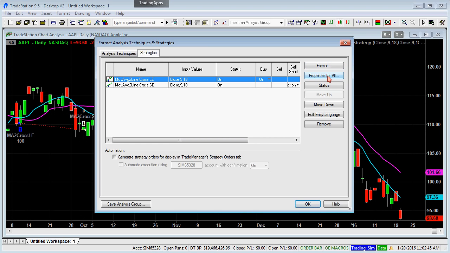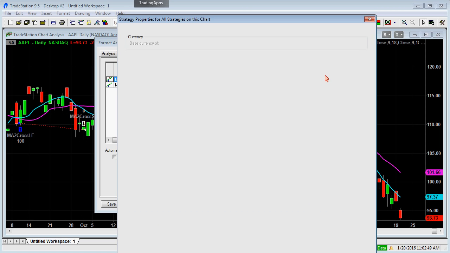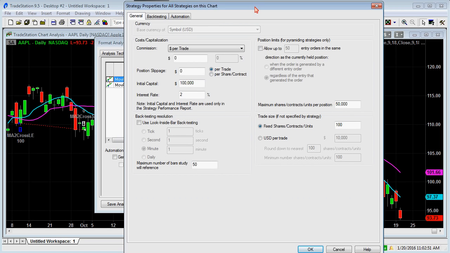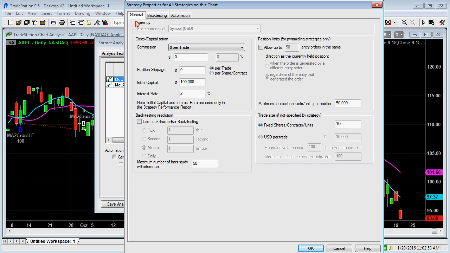Properties for all are properties that apply to all the strategies that are listed here. When I go to properties for all, I get 3 tabs. Let's talk a little bit about the general tab, because here is where you take into account commissions and slippage and some other interesting calculations. First of all, commissions. Here on the top left, you have commissions, dollars per trade.